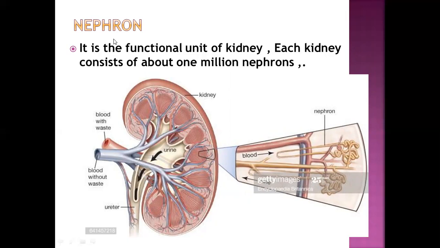So we can say that the nephron is the most complex structure of all these structures from the evolutionary point of view. It is the functional unit as well as the structural unit of the kidney. Each kidney has millions of nephrons in it, which perform osmoregulation as well as excretion.